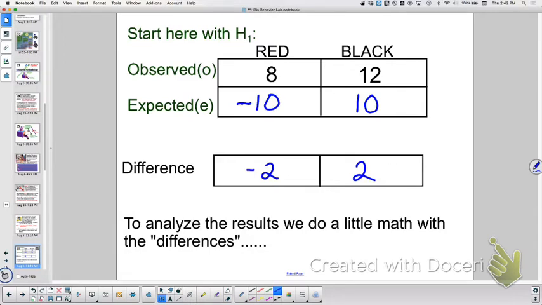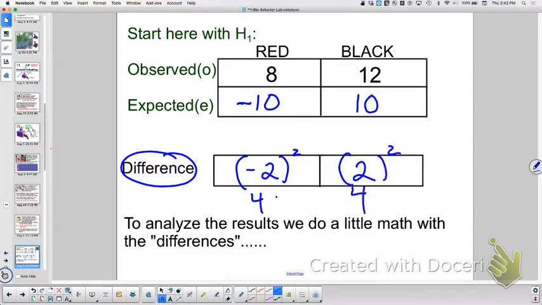Okay. So then all I have to do to analyze the results is do a little bit of math. You take the difference between what was observed and what was expected, and you square it. What is -2 squared? 4. And +2 squared is also 4.